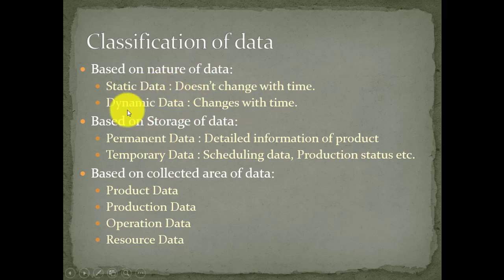The second type is dynamic data. So what exactly is dynamic data? Dynamic data changes with time. I will give you some examples. For example, what is the revenue collection for this particular month till date, or what is the order book status, how many orders are received.